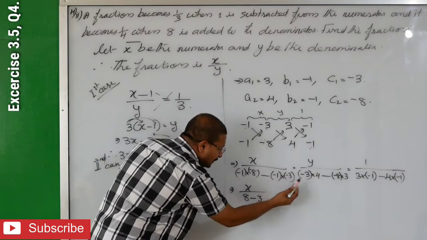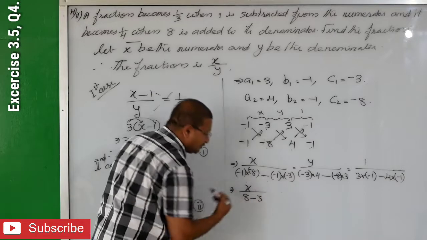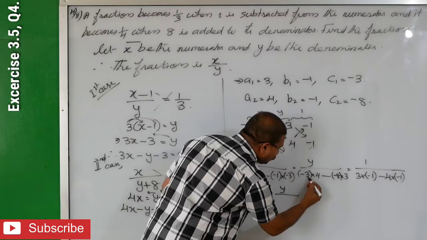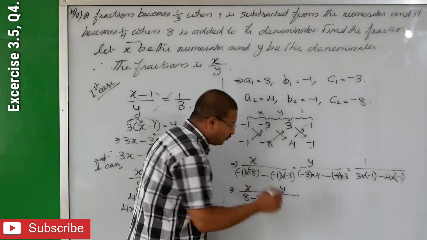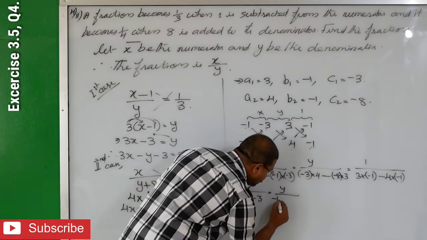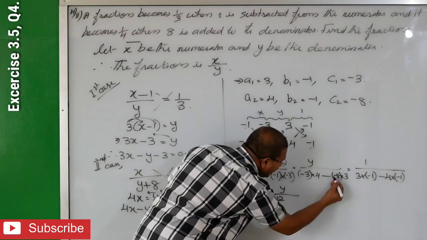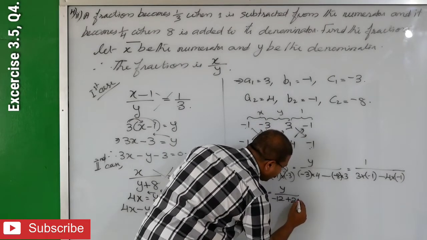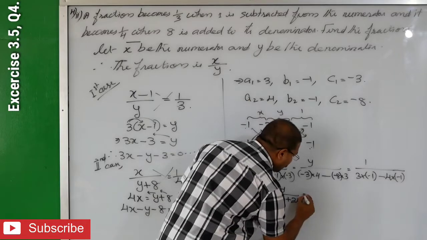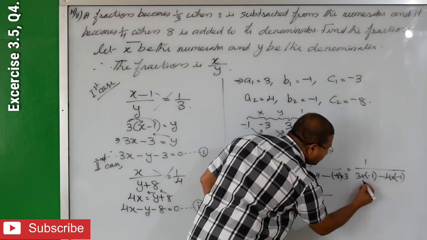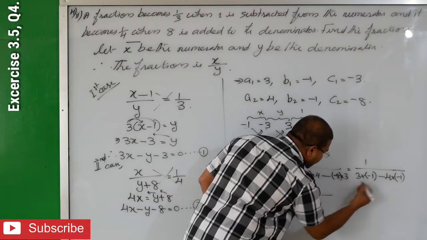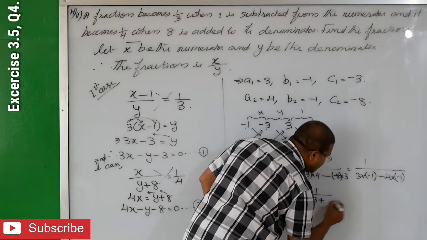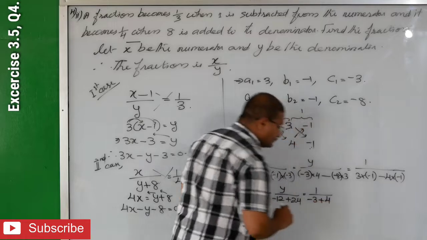This minus into minus plus, but here this minus will write, equals y divided by 3 4s are 12, but of course there is a minus, so minus 12. Now minus into minus plus, 8 3s are 24 equals 1 divided by, see, 3 into minus 1, that is minus 3. Now minus into minus plus, 4 ones are 4.